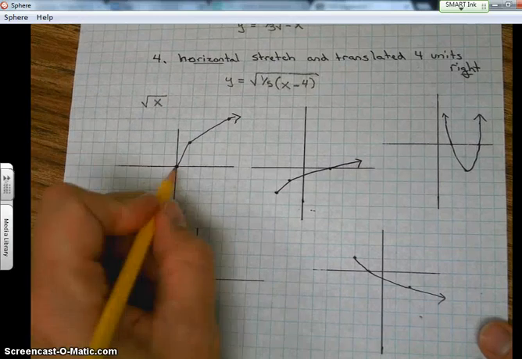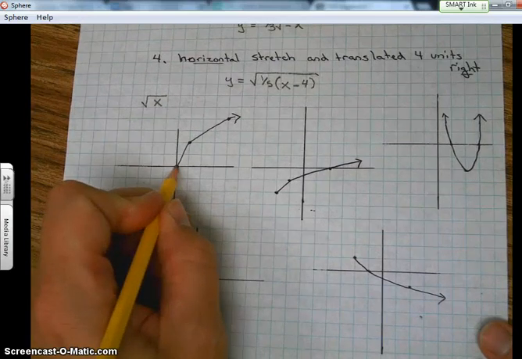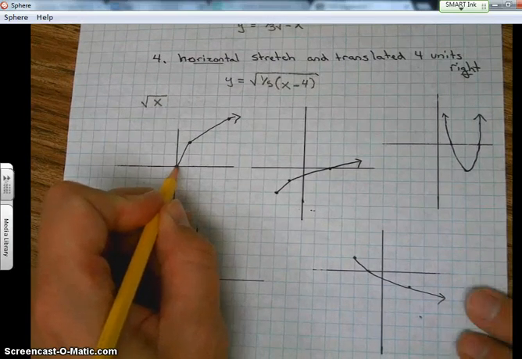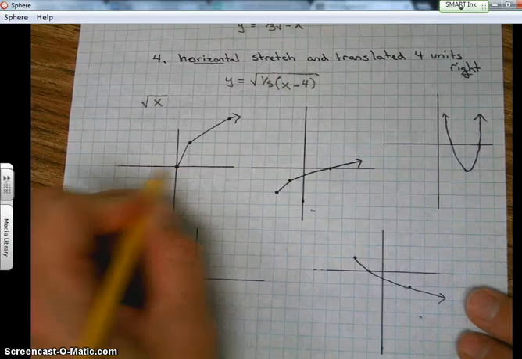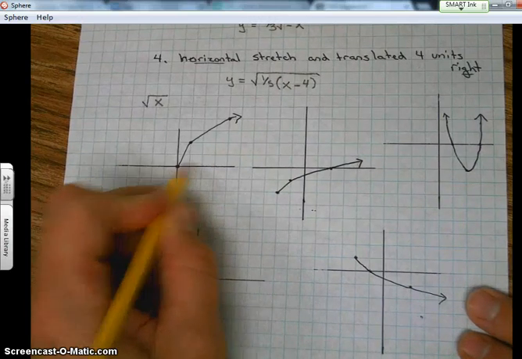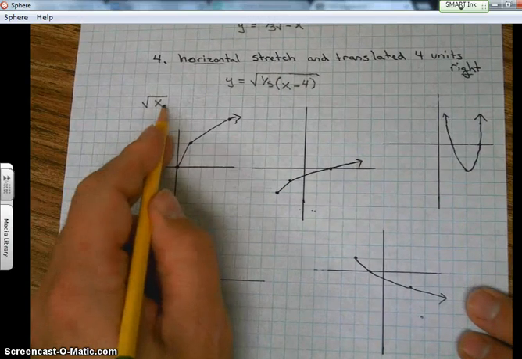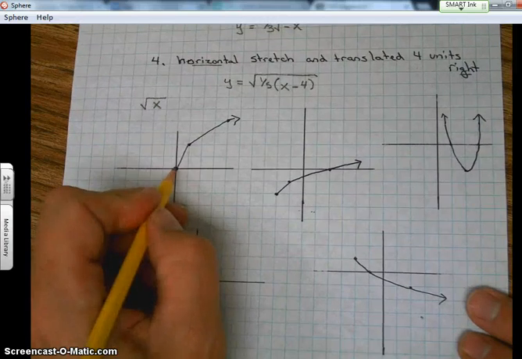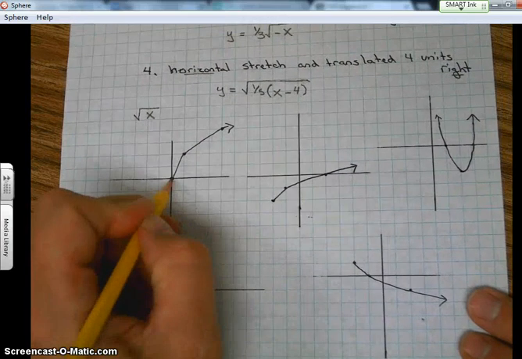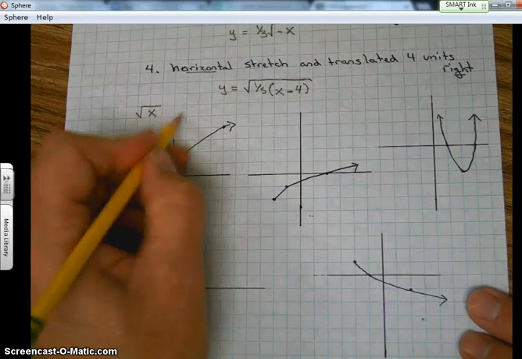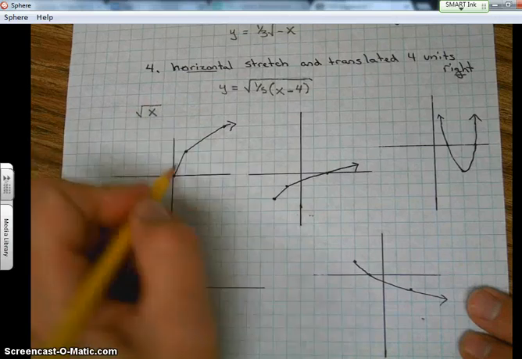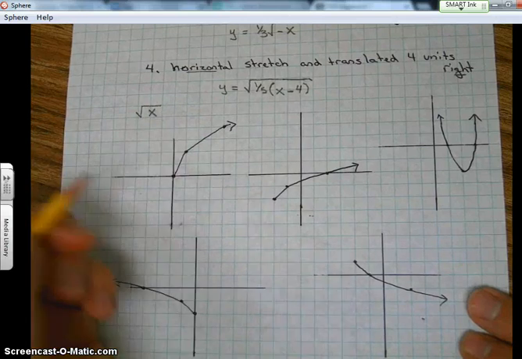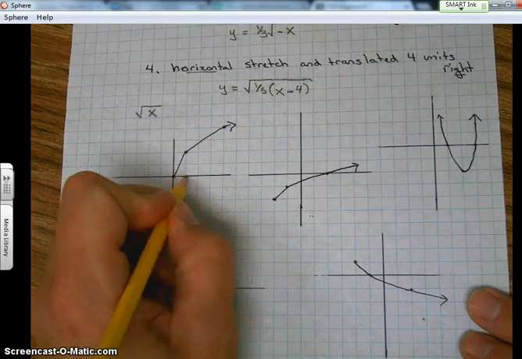Okay? Now, find that starting point. Now, did it get translated to the left or to the right? No. So no horizontal translation. Did it get translated up or down? No. So no vertical translation. Now, if you recall on the parent, it's over 1 up 1.